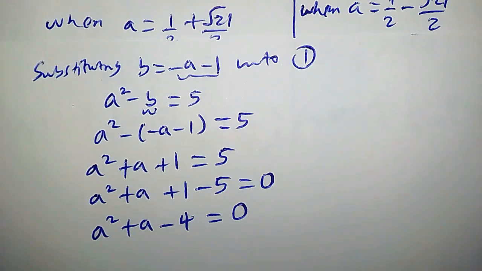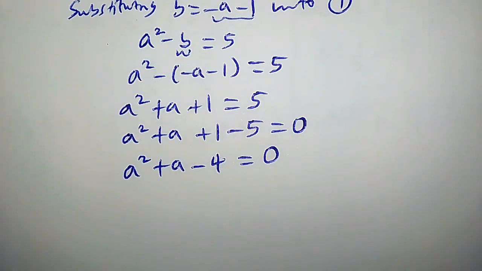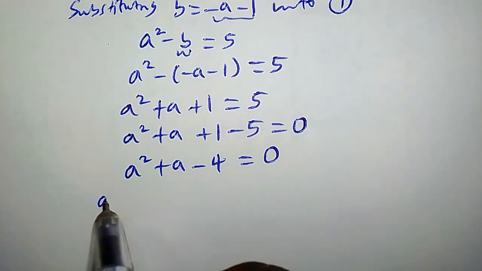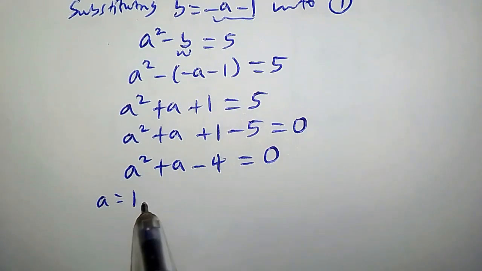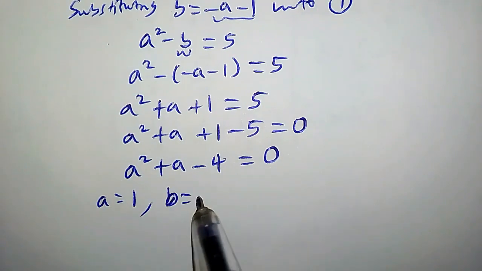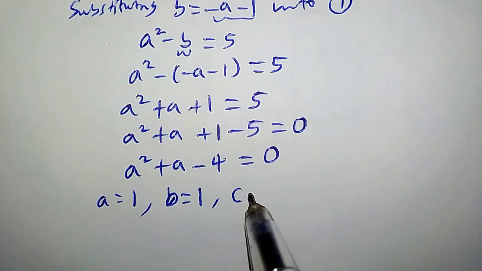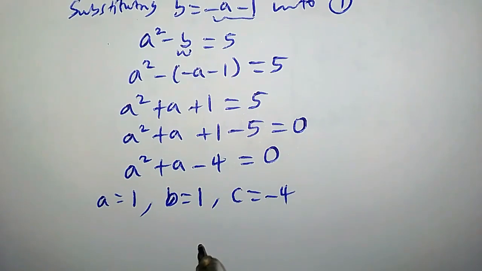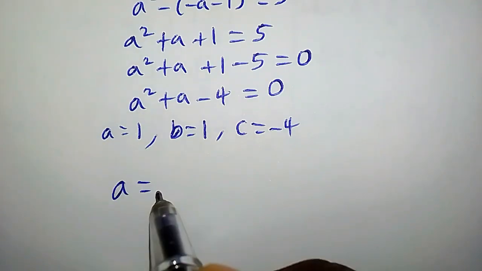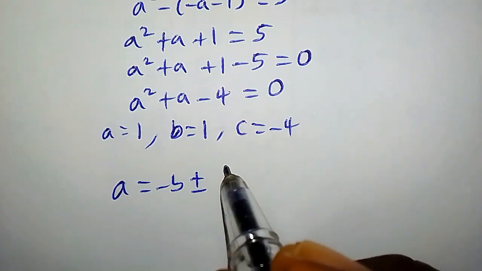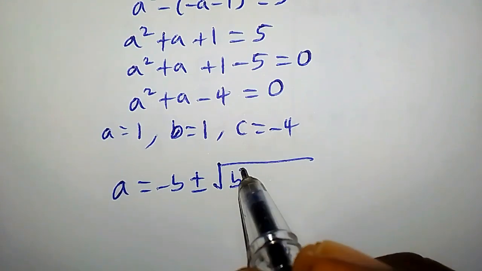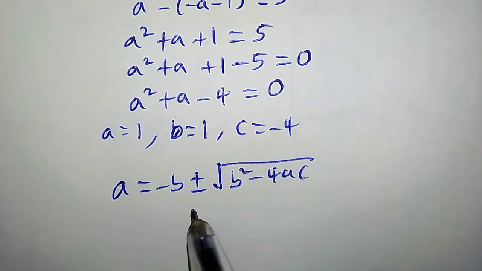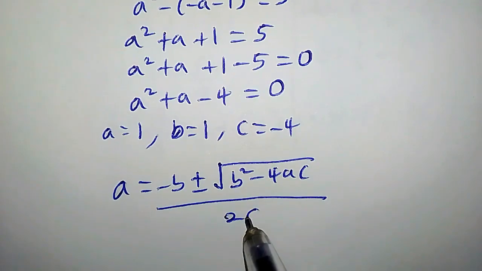We have another beautiful quadratic equation, and we can solve it using the quadratic formula. A is equal to 1, coefficient of A square. B is equal to 1, coefficient of A, and C is equal to minus 4. The quadratic formula says A equal to minus B plus or minus square root of B square minus 4AC over 2A.